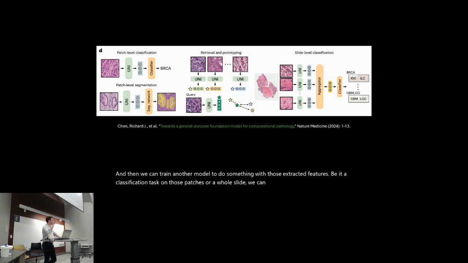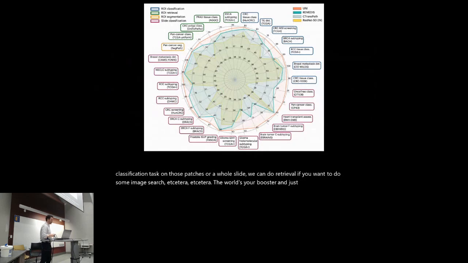We can do retrieval if you want to do some image search, et cetera. The world's your oyster. And just for completeness' sake, we have this figure in our publication. Back in 2018, we were using ResNet-50 pre-trained networks, and those perform significantly worse than these foundation models that we can train entirely on histology images.